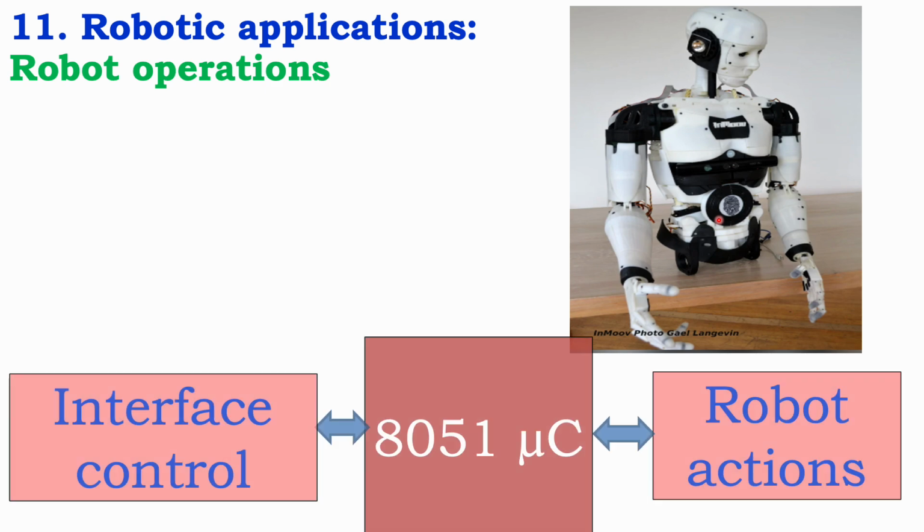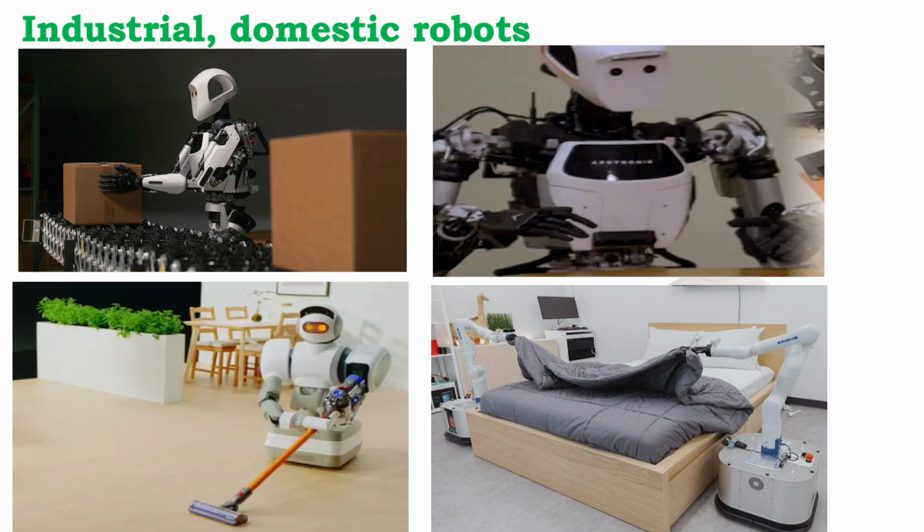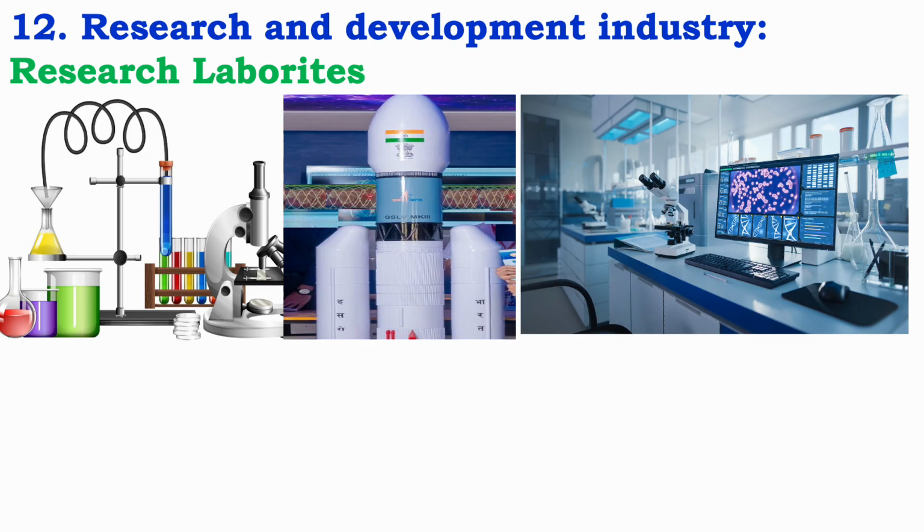Robot operations are interfaced and controlled by the 8051 microcontroller. Many microcontrollers can be interfaced with the hand movements, head movements and leg movements. All these things can be controlled using the 8051 microcontroller. Domestic and industrial robots can also be controlled using the 8051 microcontroller.